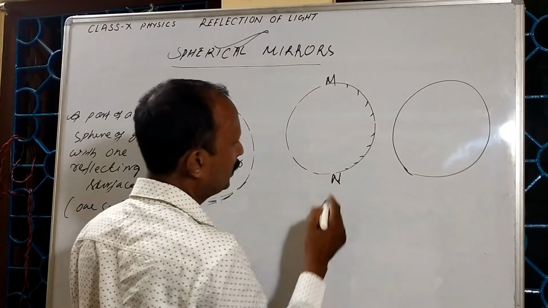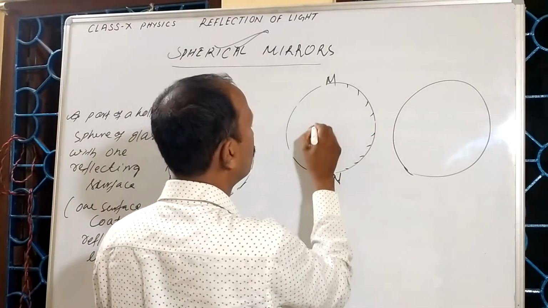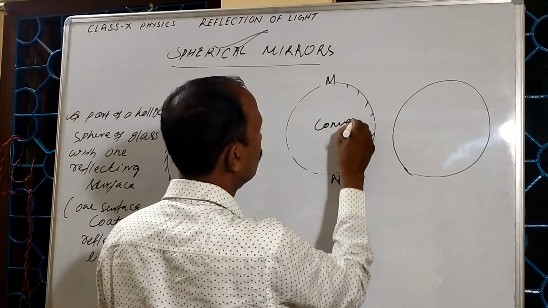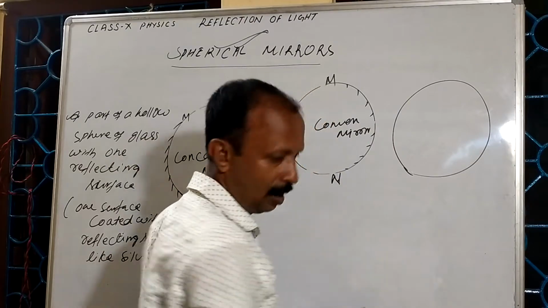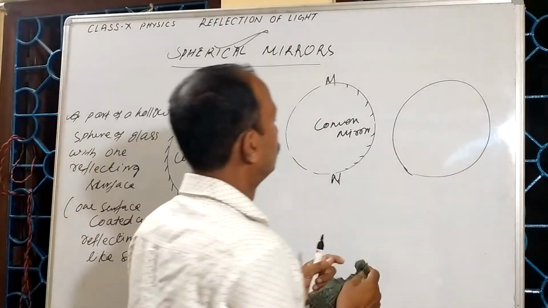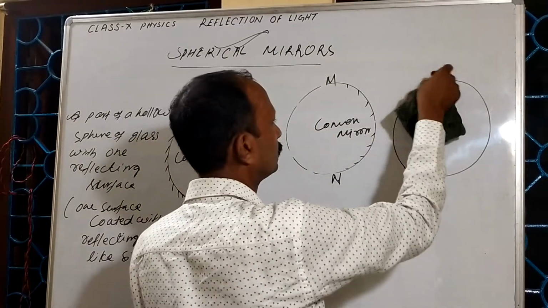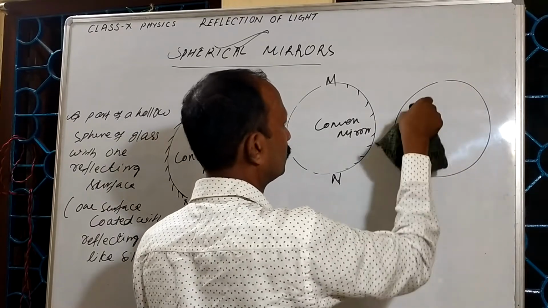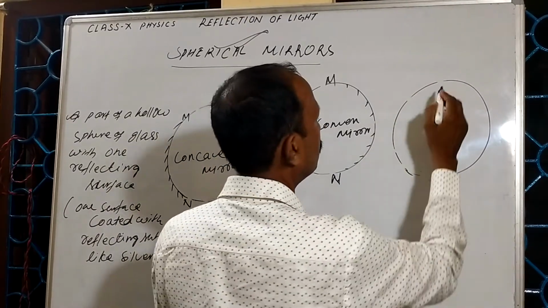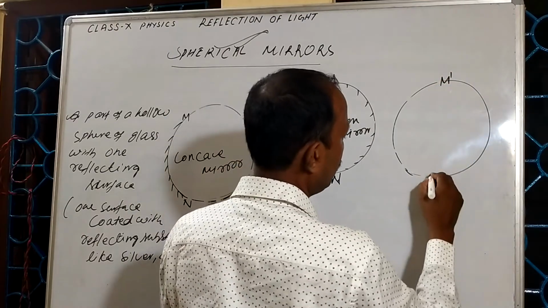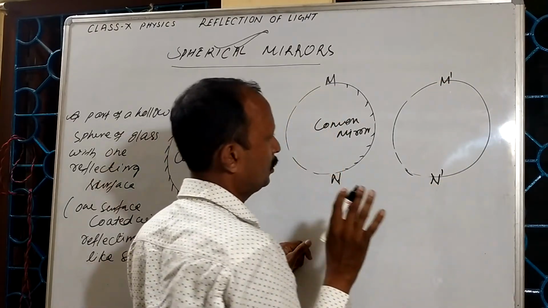Now I can say this is a convex mirror. Now M dash, I have taken this portion.